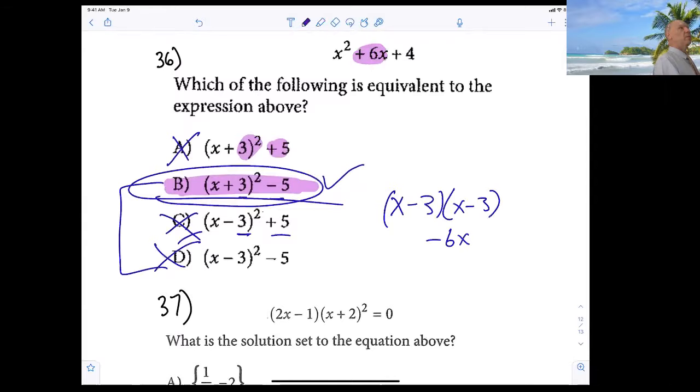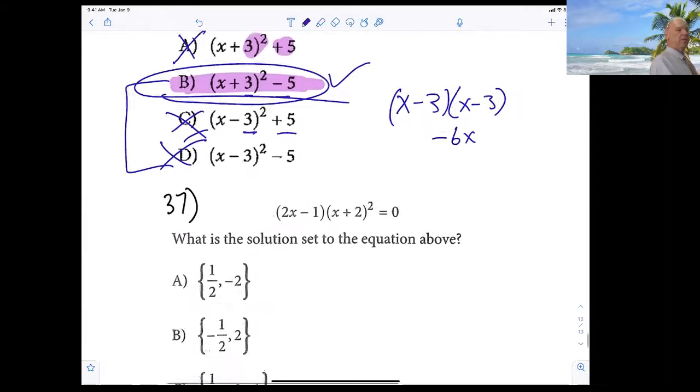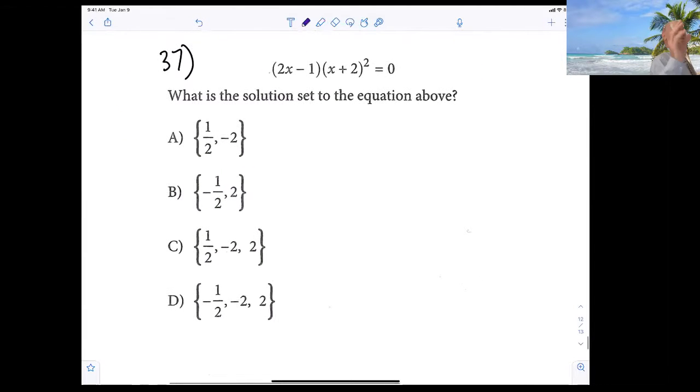All right. Here we go, 37. Everybody, that's written differently, but everybody should look at that and say, is that a joke? That's on an SAT test.